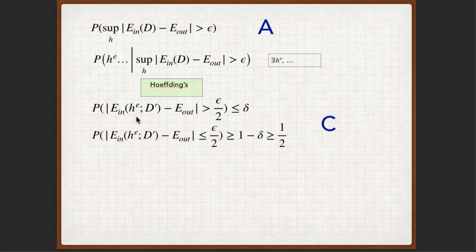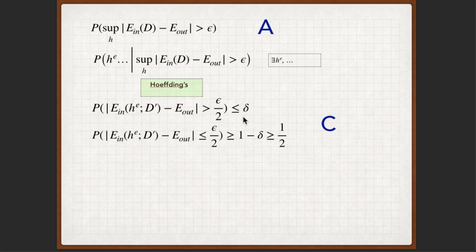So the probability that the in-sample error of HE differs from its out-of-sample error by more than half of the preset epsilon is bounded by some threshold.